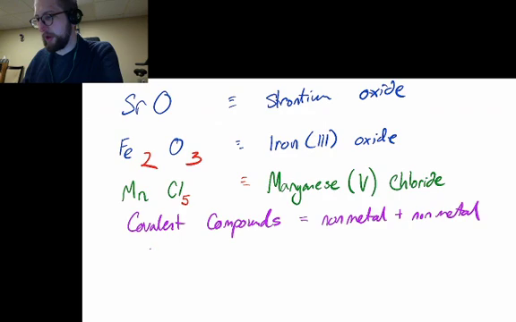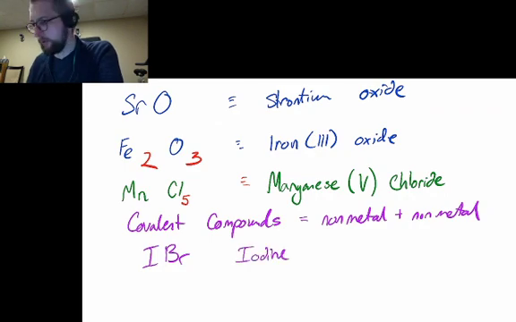So for example, I and Br is a compound. In this case, we have an iodine and a bromine together. So the first word stays the same, iodine. And then the second word has to get a prefix. There's only one of them. So we are talking about mono, bromine, and then it always ends in IDE if it's just a single element.